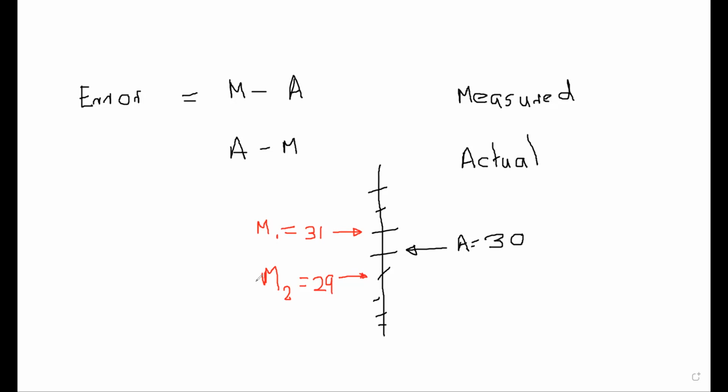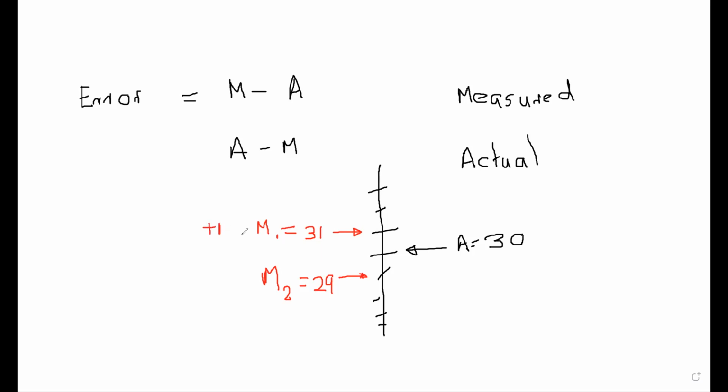For the second group, I have to say you are 1 unit below. Quantity wise, both groups are the same, their offset is the same, but one group is above, one group is below. So for the first group, your error is +1.